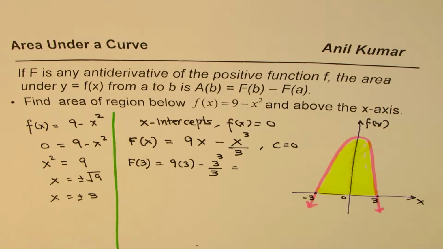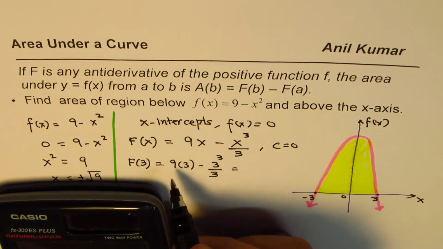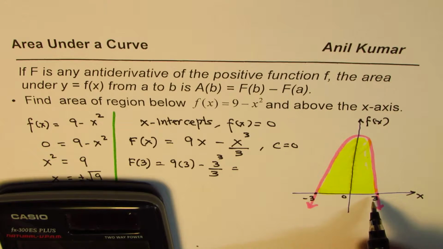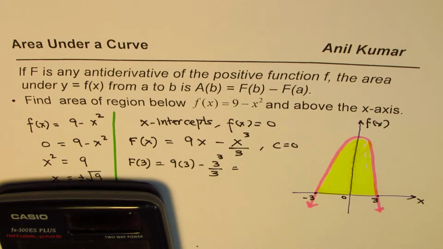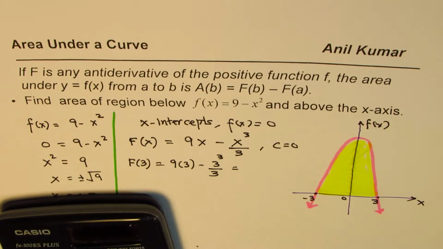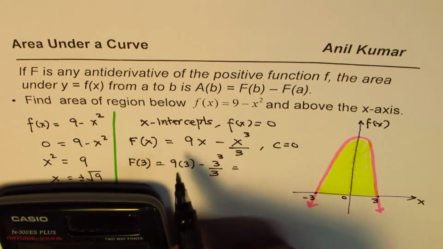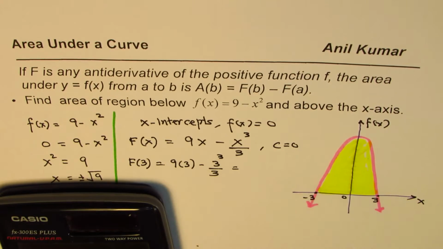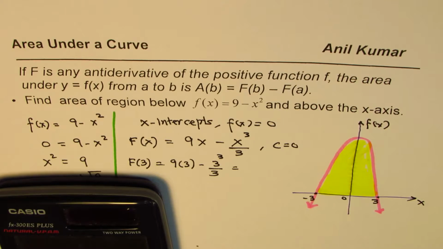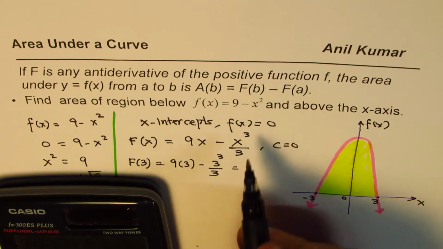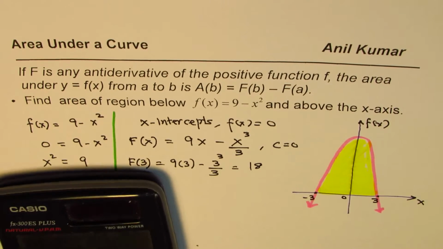So you can use the calculator to figure this out. 9 times 3, take away 3 cubed divided by 3, so it gives you 18, right? So that is 18 for us.